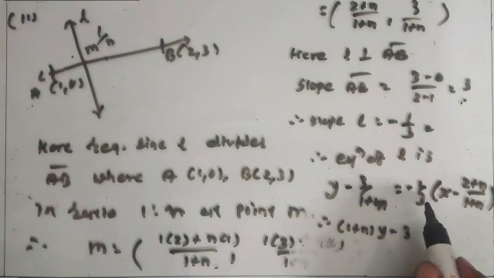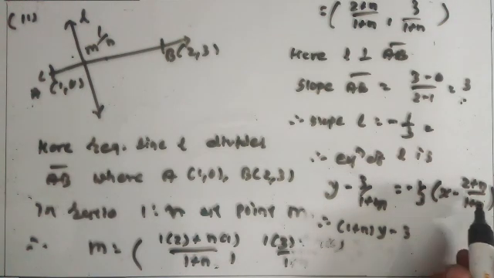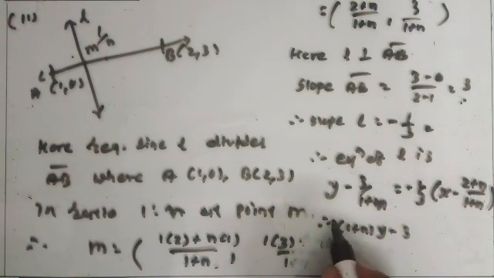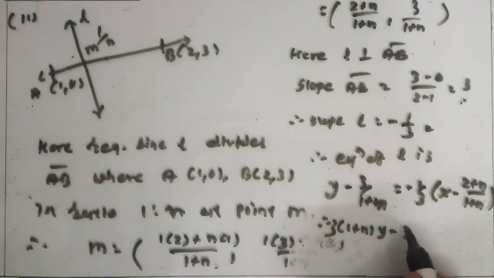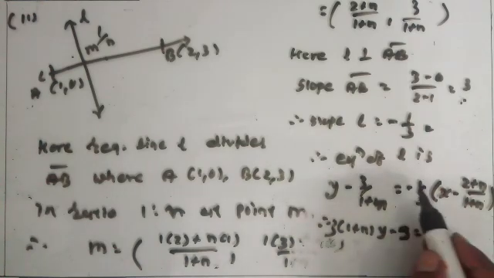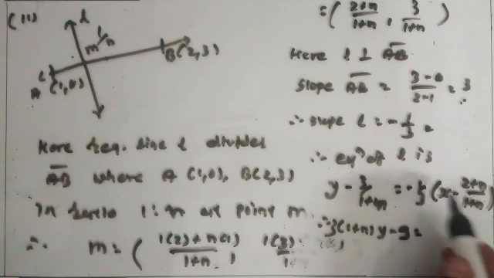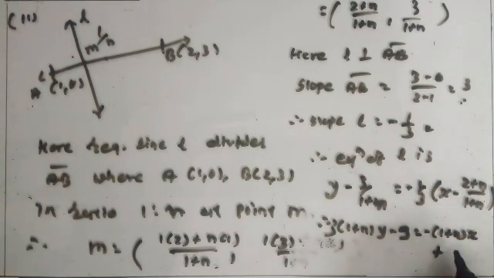Here 3 also, take the LCM, 3 into (1 + n). So we get 3 into (1 + n) y minus 9 is equal to minus (1 + n) into x minus (2 + n). Clear?